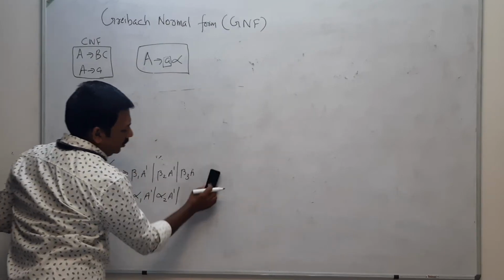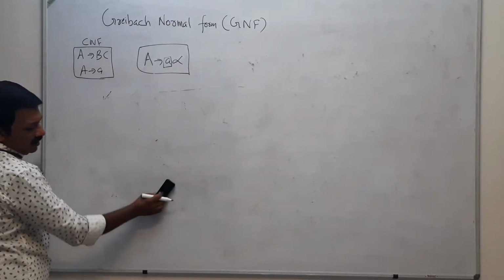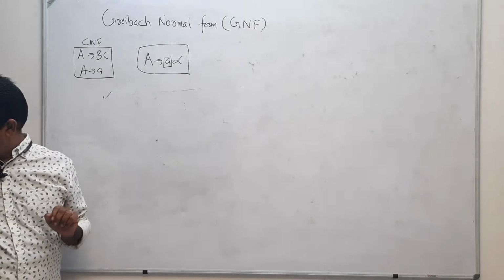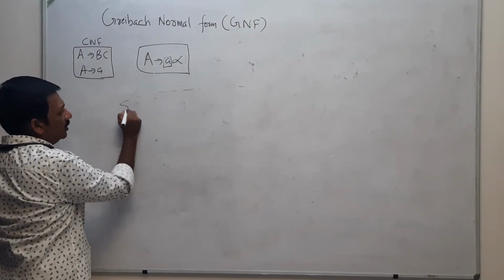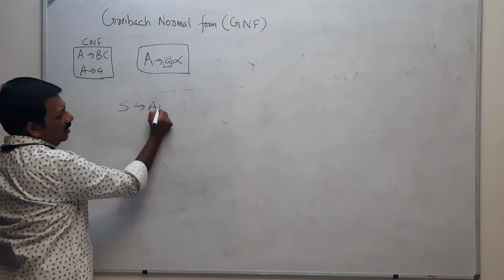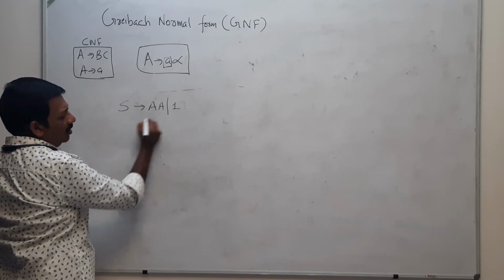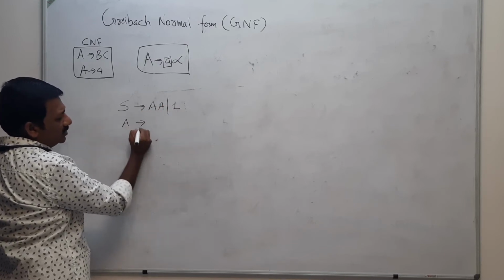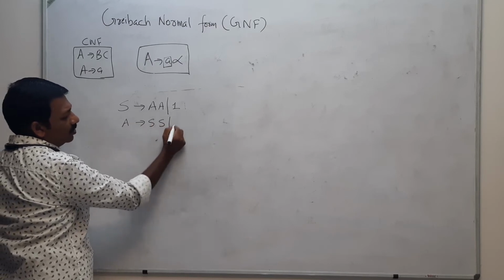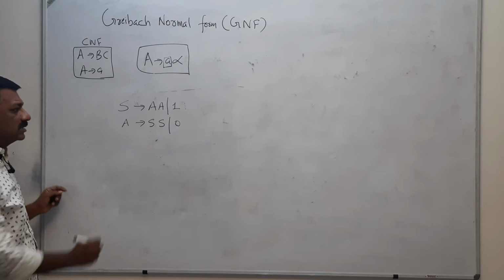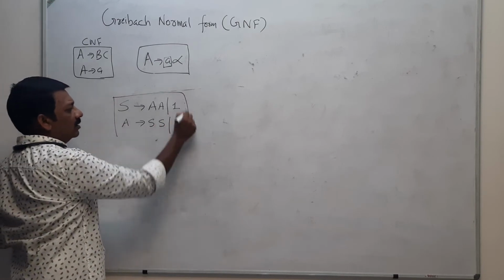Now suppose that I am going to have an example. Suppose that you have S derives AA or 1 and A derives SS or 0. This is a very important example.